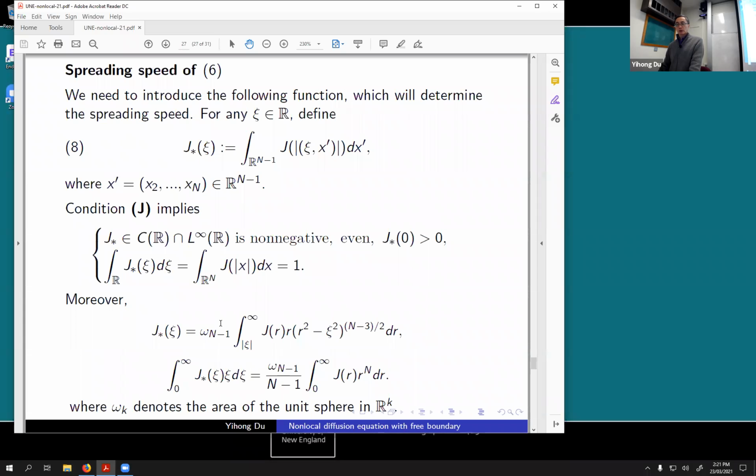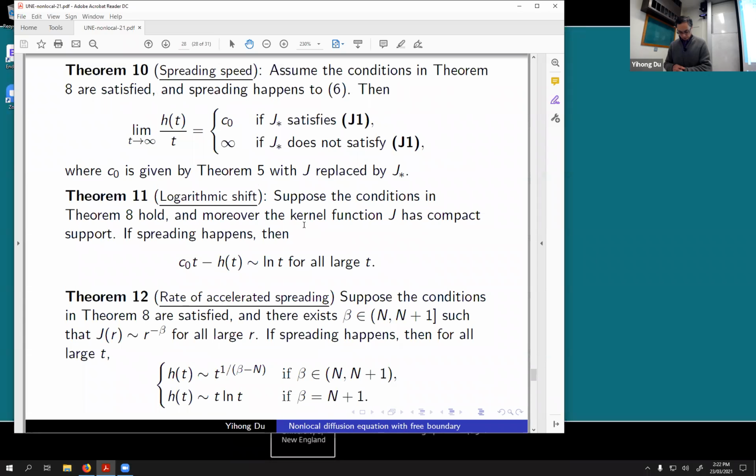Then I want to stress the spreading speed. This is complicated, so we have to introduce another function, J star, obtained from the radial kernel function, and we use this to determine the spreading speed.